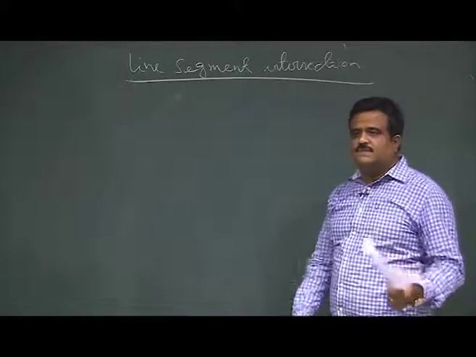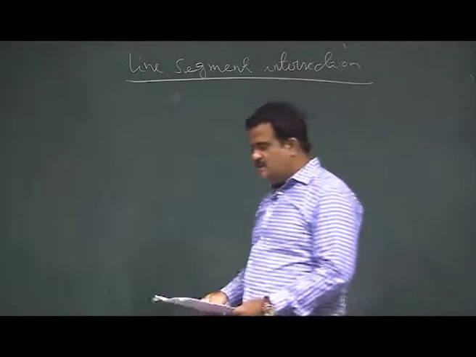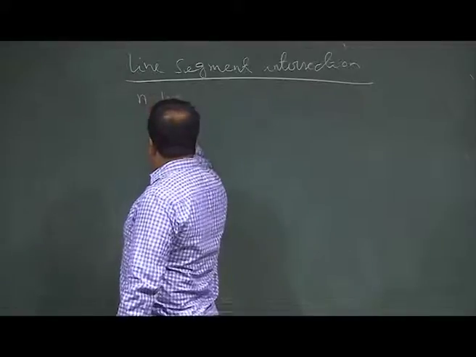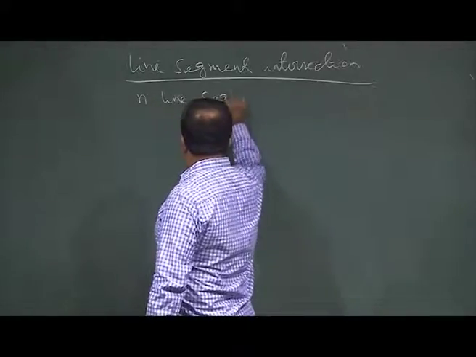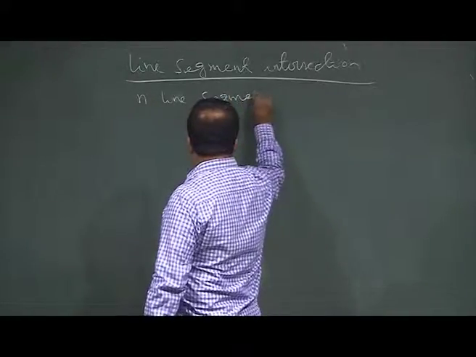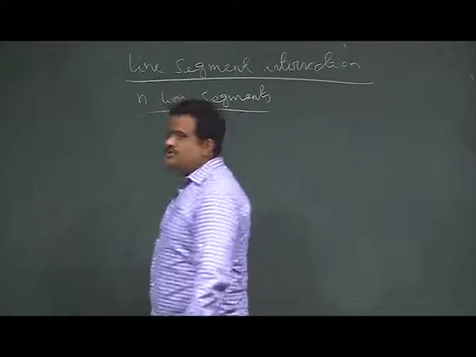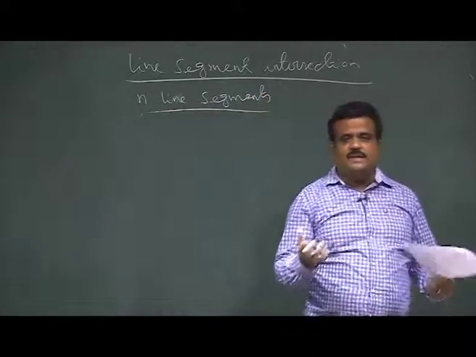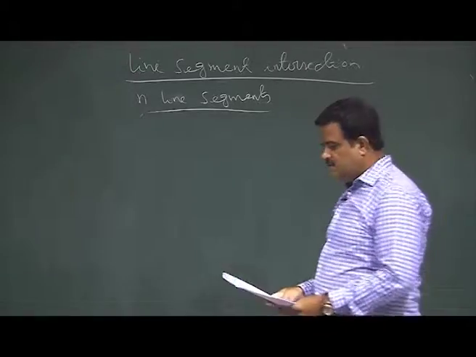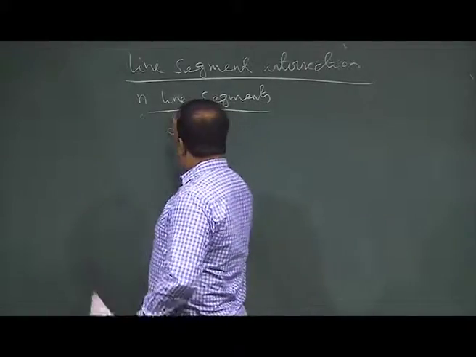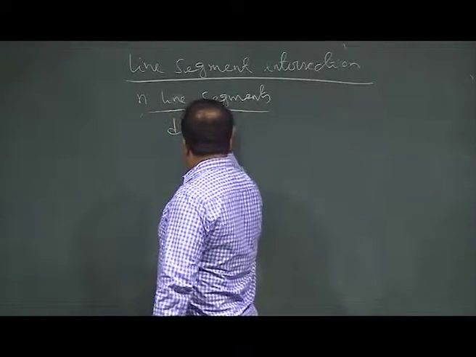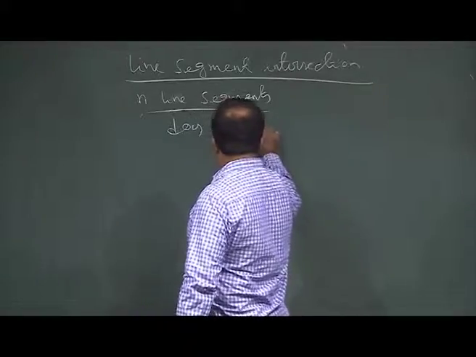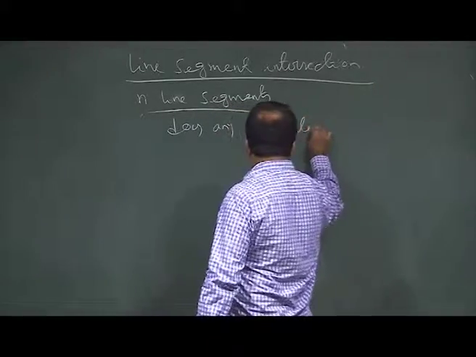We have n line segments, and we need to find out whether any two segments intersect or not. Does any pair intersect?